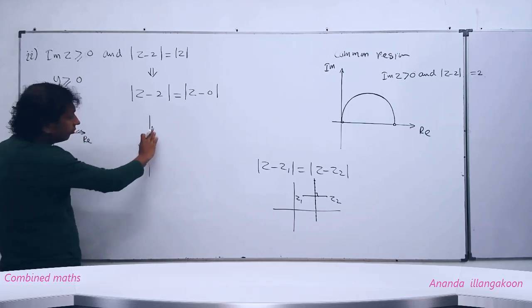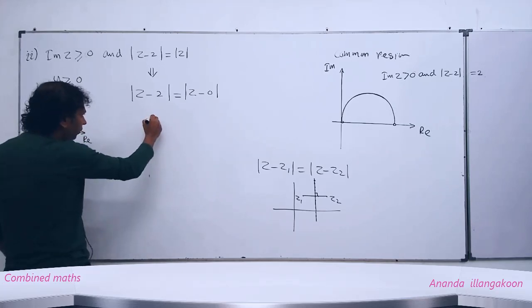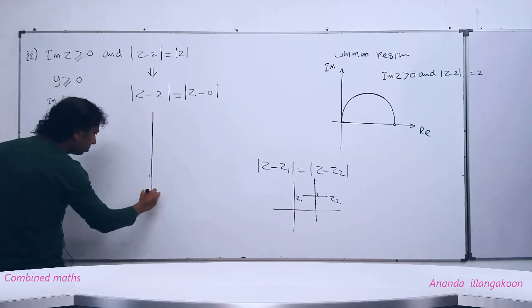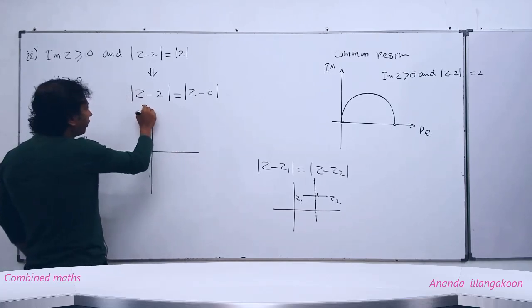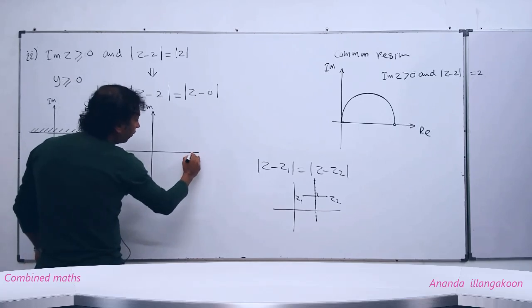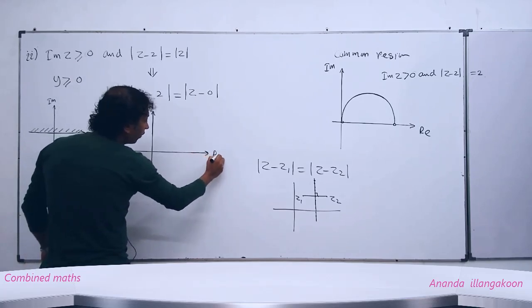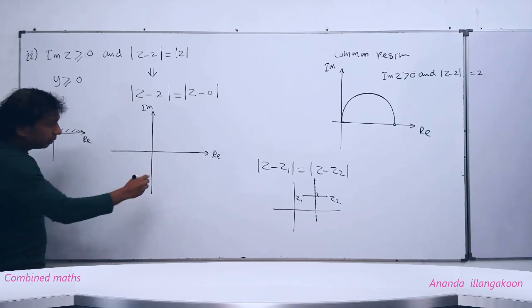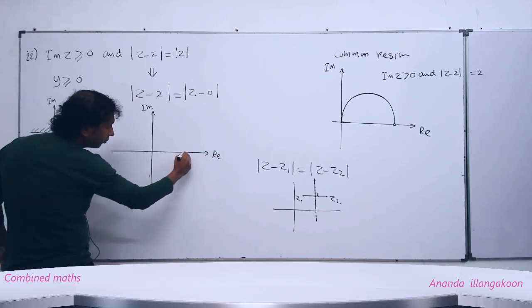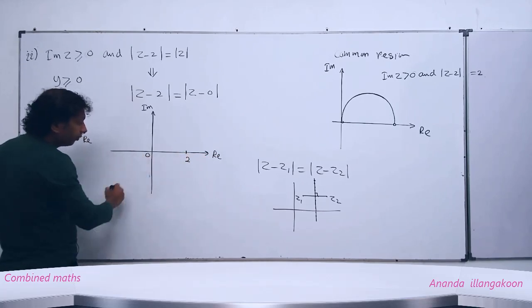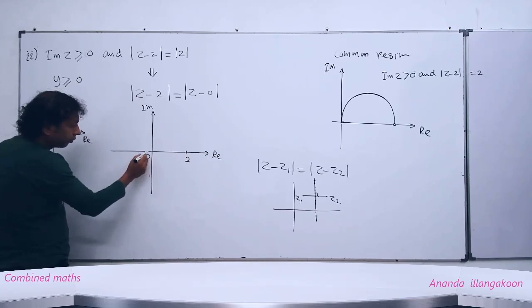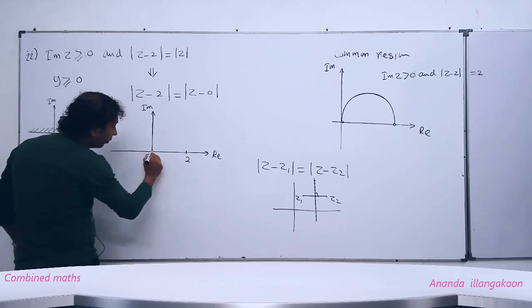We can take 2 here. Zero is here. We can join them.